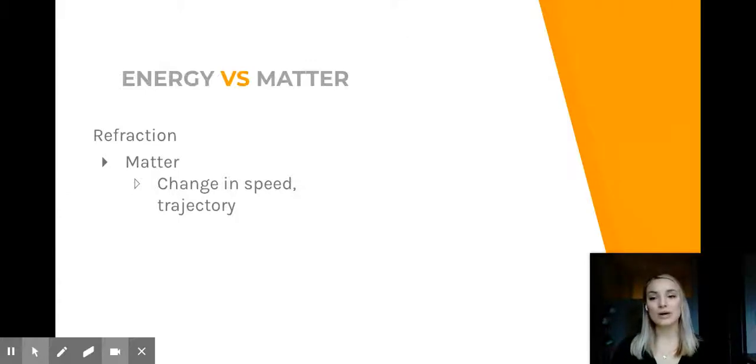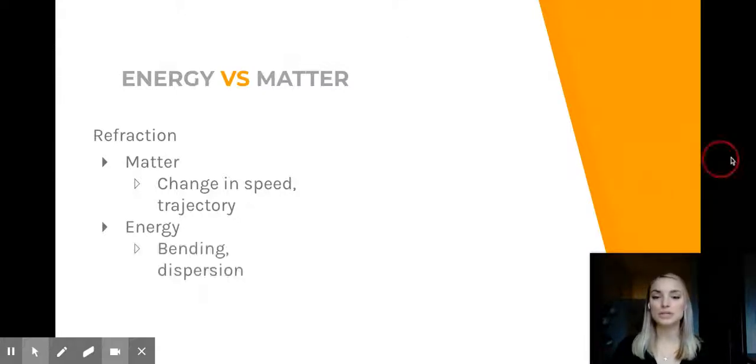However, if we talk about energy moving from one medium to another medium, say for example, that same air to water instance, the energy is going to refract. It's not going to change its speed or trajectory. It's simply going to change its angle. And it could disperse depending on what type of medium we're going through. So if we're talking about shining light through a prism, it's going to disperse into its separate different colors.